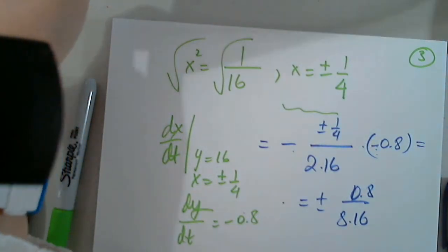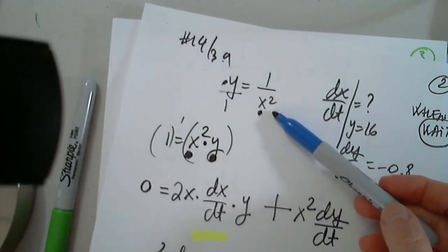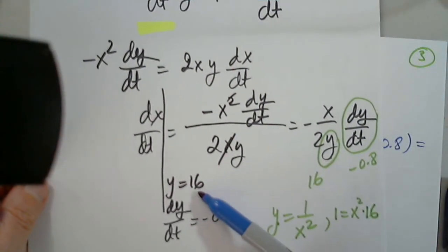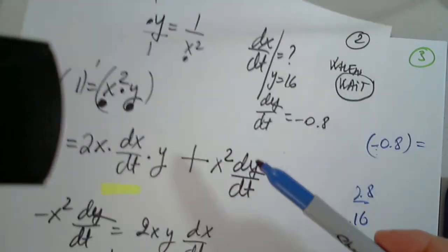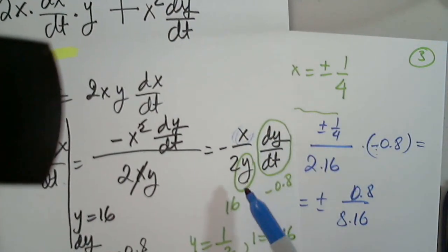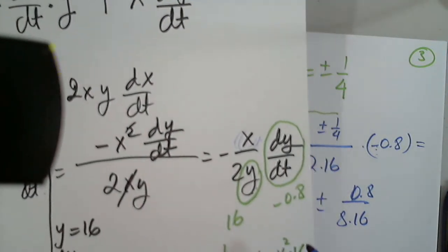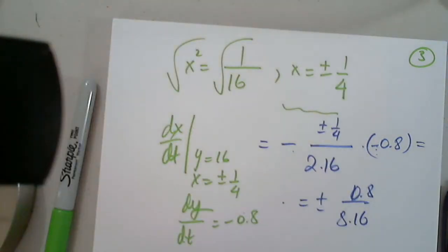There is no indication. So they're giving us y, but they're not giving us x. So from y, I have to find x, because otherwise I cannot determine this. I have to find x because I have just y and dy over dt. Good. That's my page 2.